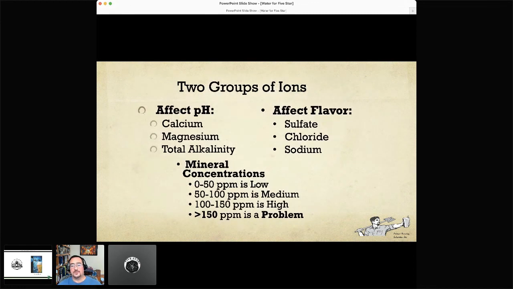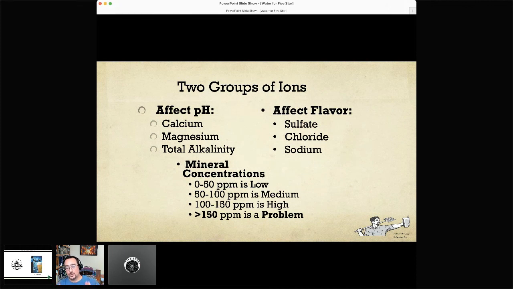There are two groups of ions in water that we are concerned with. The first are those that affect pH, and these are calcium, magnesium, and bicarbonate, otherwise known as total alkalinity. Also, we are concerned with those that affect flavor, and these are sulfate, chloride, and sodium.